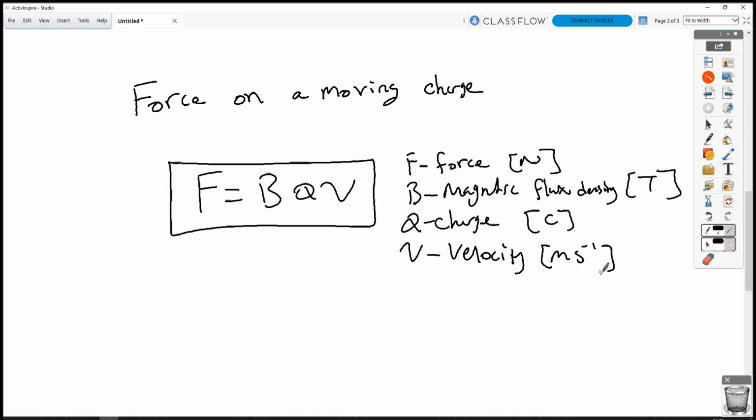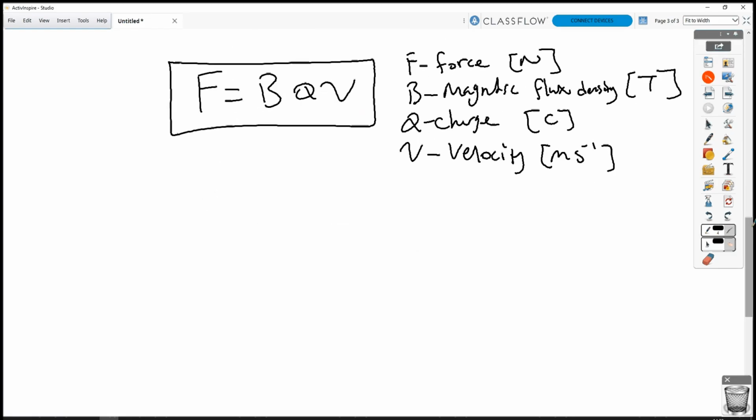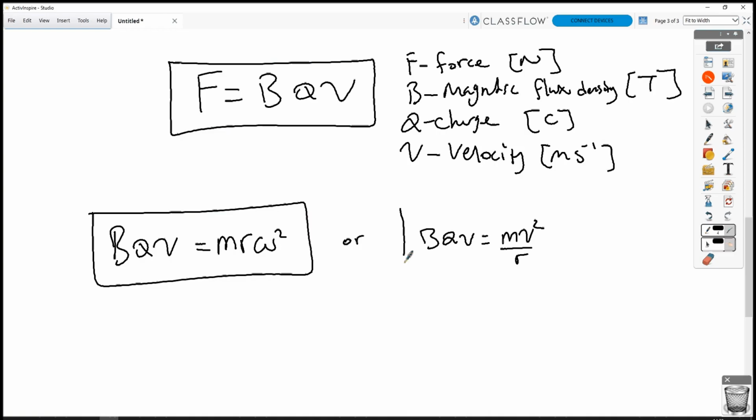Now, if the magnetic field is causing circular motion, then we've got BQV equals mr omega squared, or BQV equals mv squared over r. Put boxes around these.